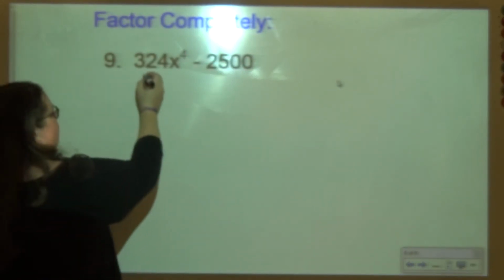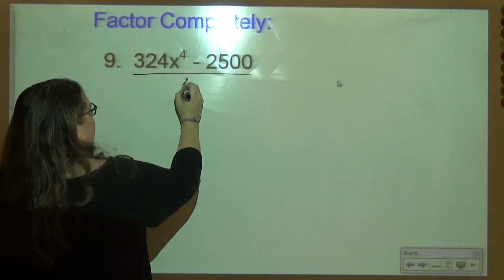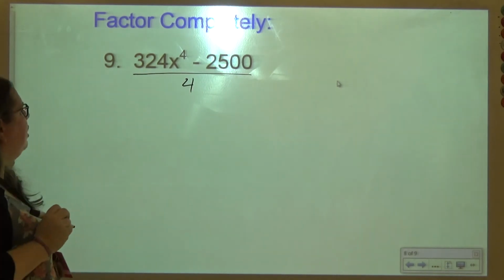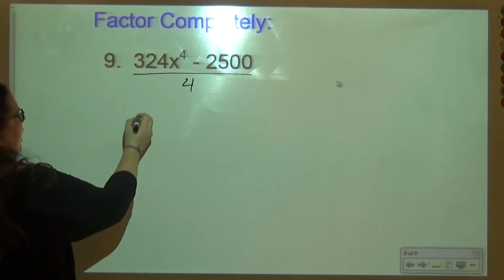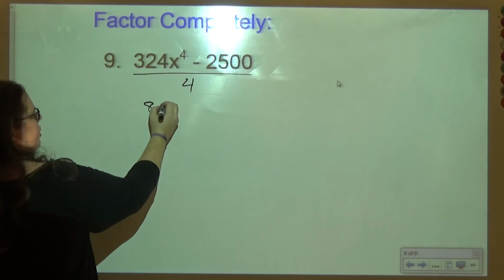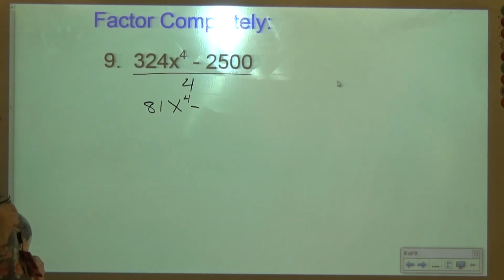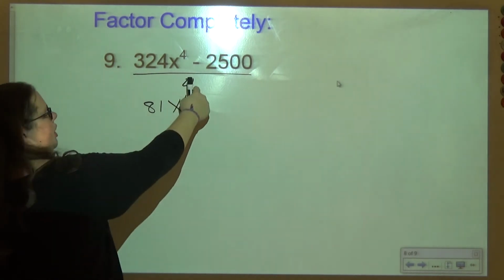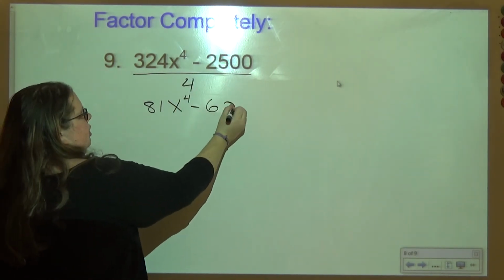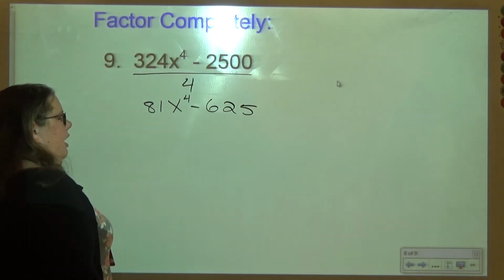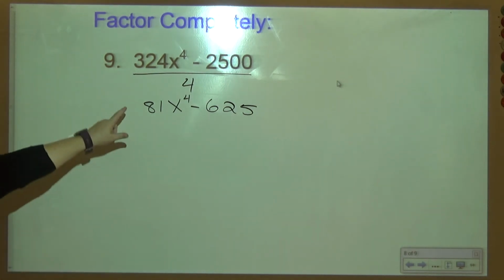Use a calculator. I don't have a calculator on me, but I know 4 goes into it. 4 goes into 32, 8, and into 81, that's positive. All right, and 24, that's 6, 25. Oh, and those are both perfect squares. We're left with the difference of squares.